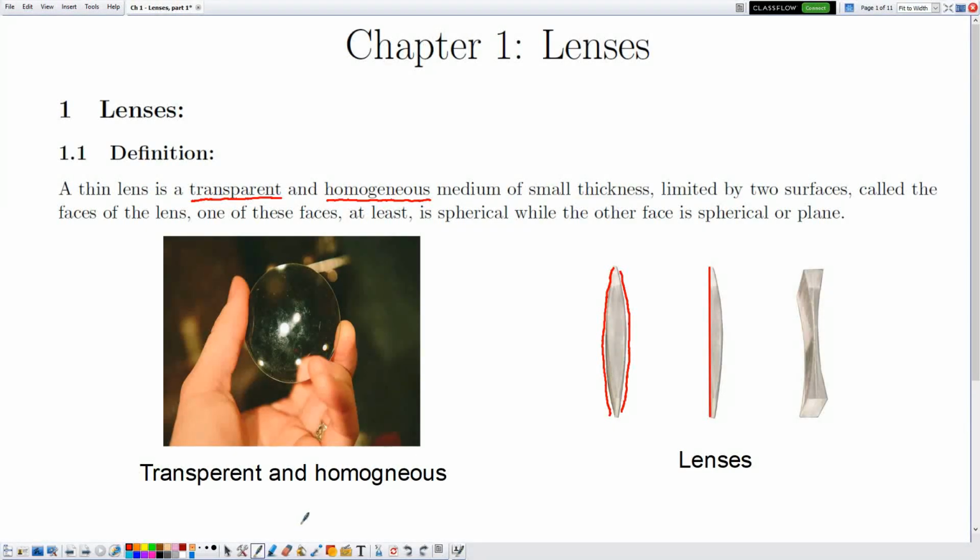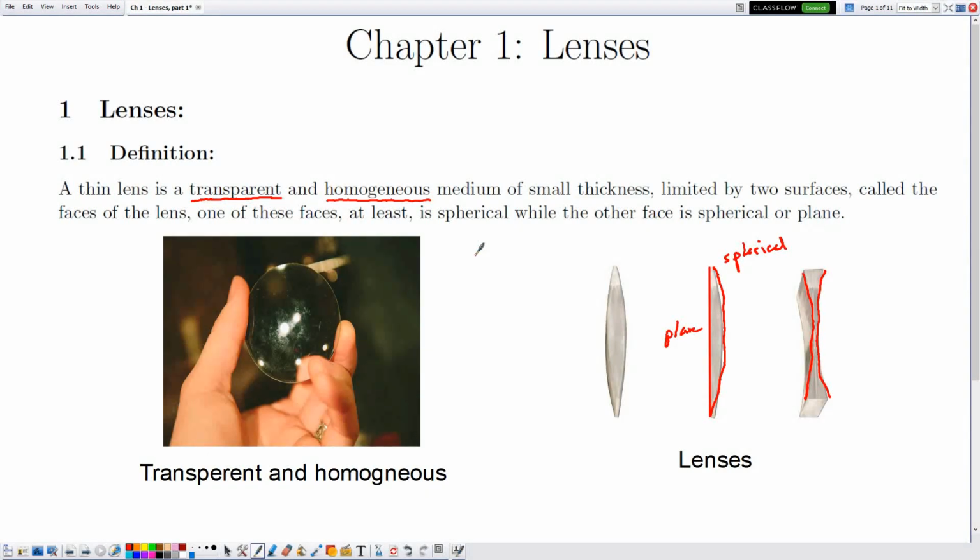So this is a plane surface, a plane face, while the other face is spherical. And if we look at the third lens, both faces of the lens are spherical. So by this, at least one of the faces of the lens is spherical, while the other face is spherical or plane. Okay, so this is the definition of the lens.